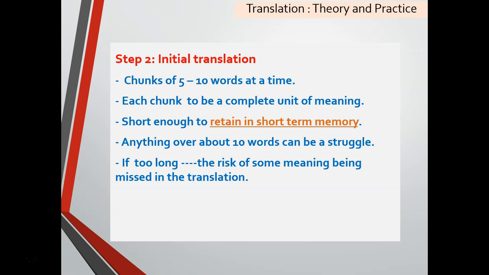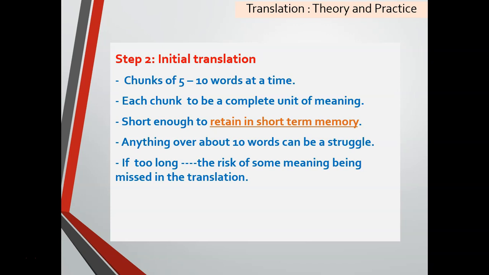And choosing the appropriate length of the individual text chunks to deal with is very important. Ideally, each chunk will be a discrete and complete unit of meaning. So you don't need to go until the end of the sentence or until the end of the paragraph to translate. Maybe 5 to 10 words together. If you think that it completes a meaning, then you can translate that.